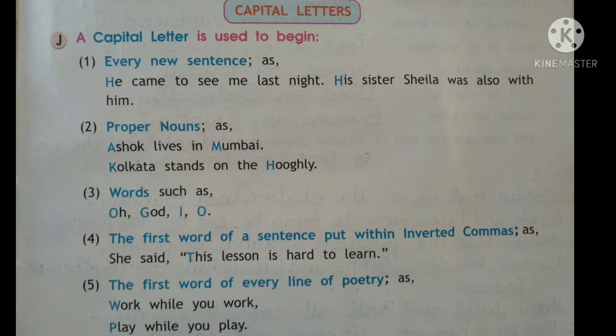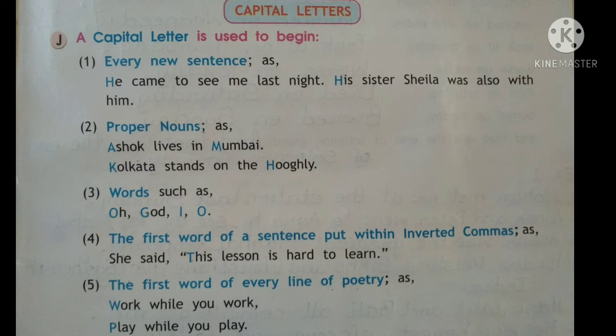Words such as "Oh," "God," "I," "O." All these are always written in capital letters wherever they come in the sentence, whether in the beginning of the sentence, in the middle of the sentence, or as the last word of the sentence. We write these words always in capital.